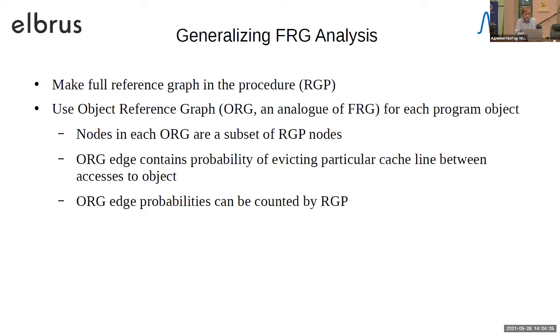Firstly. Secondly, we noted that in FRG there was not ideal data on the edges. So in ORG edges, we need to keep the probability of awaiting a particular cache line between accesses to the object. And this probability can be counted by the full reference graph.